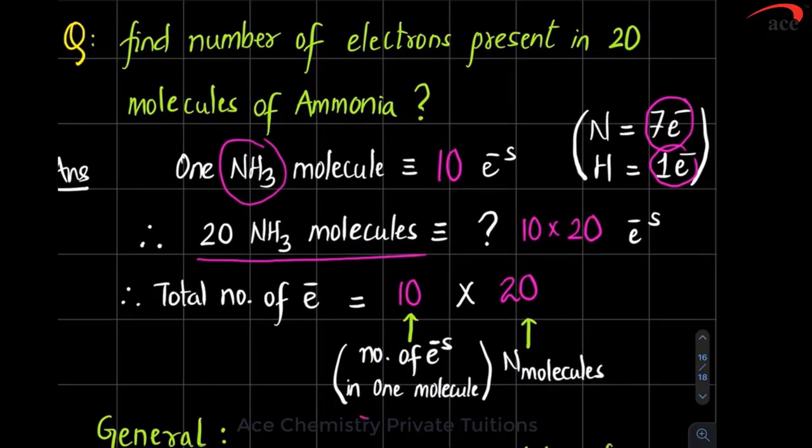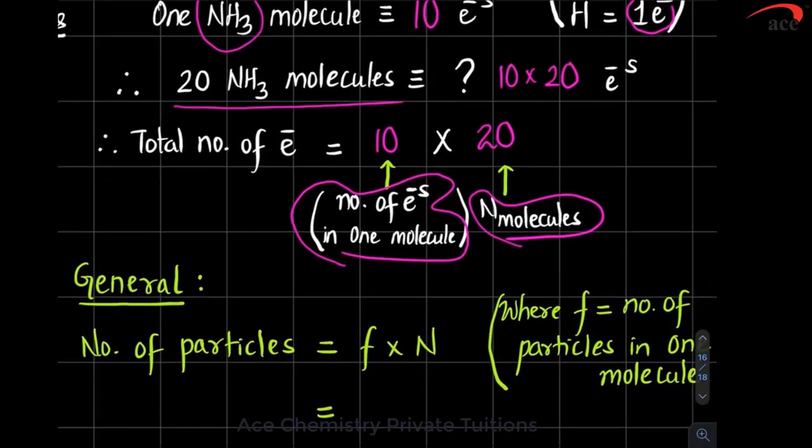By the way, what is 10? 10 is number of electrons present in one molecule. And what is 20? Number of molecules. From this, do we get any formula? Yes. What is the formula? If you want to calculate particles like electrons, protons, neutrons, then multiply by F. What does F stand for?